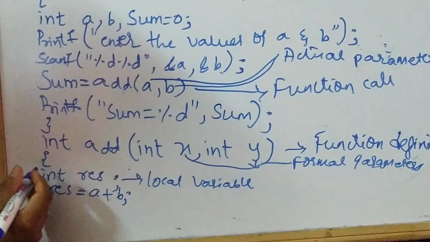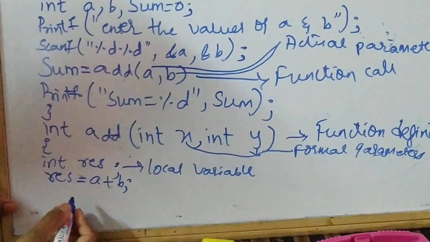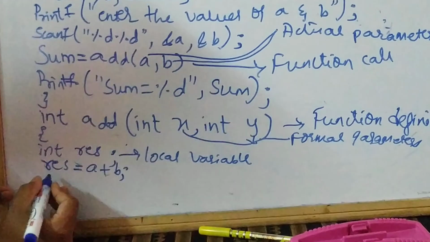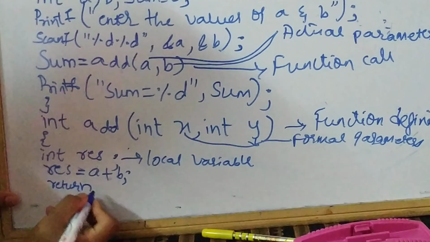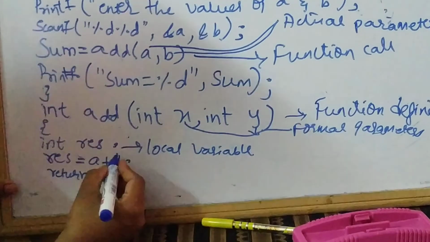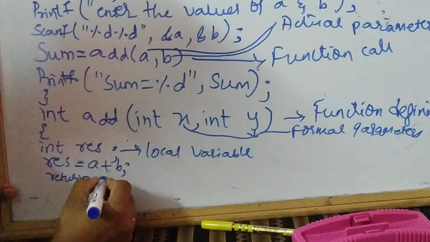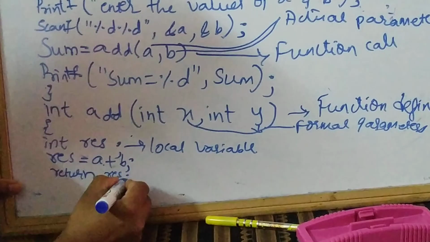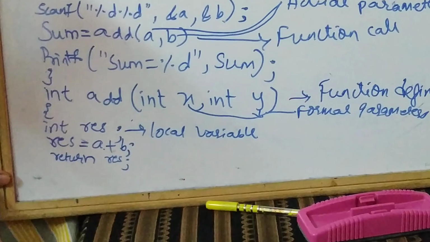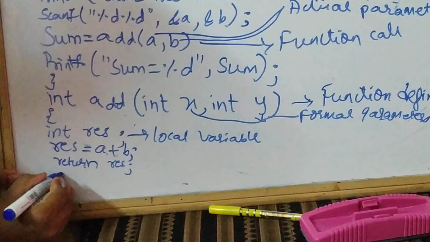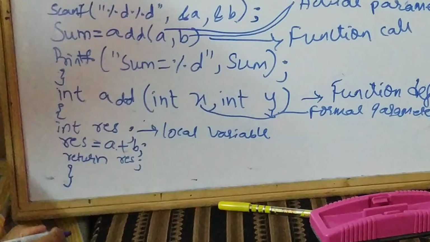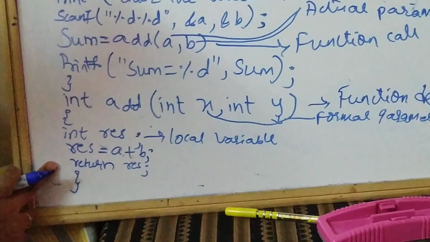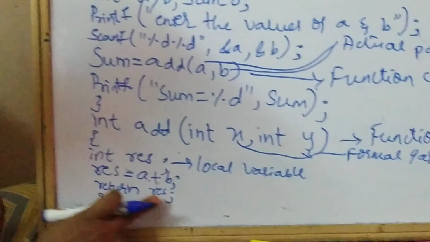So we are using the formula result is equal to a plus b. Next we want to return the value, return res semicolon. Next, close the brace. Here we call it a value return, because we are returning the value.